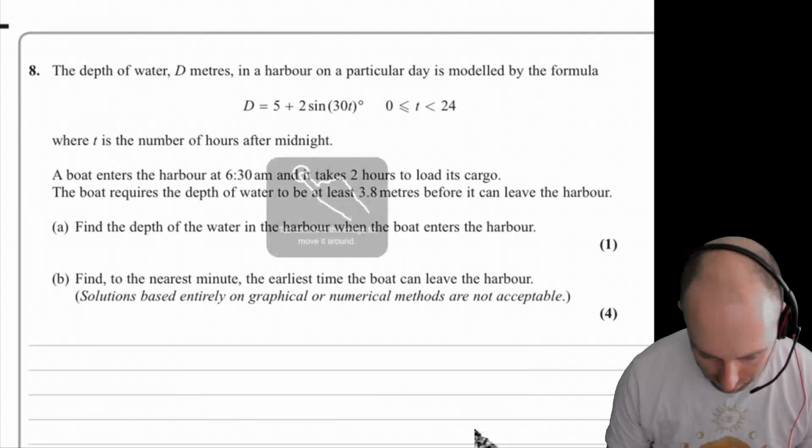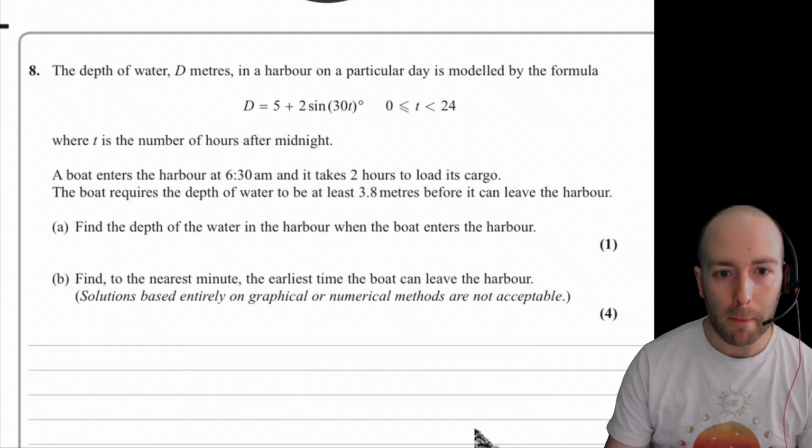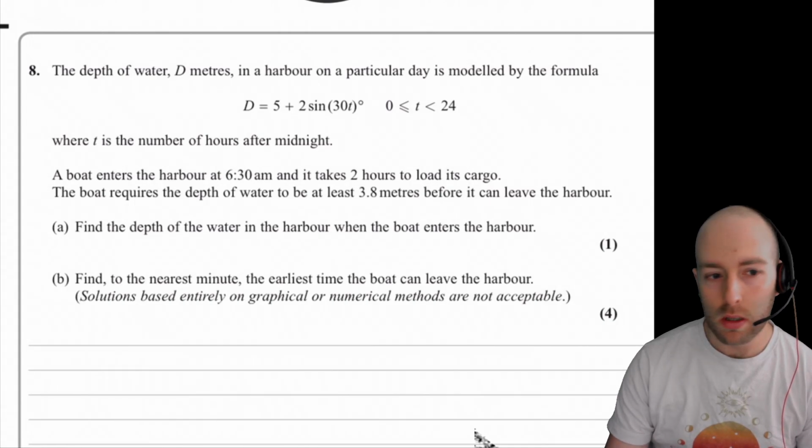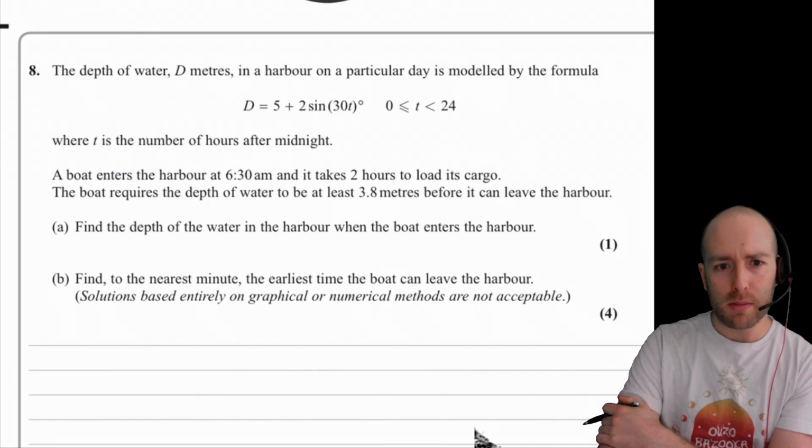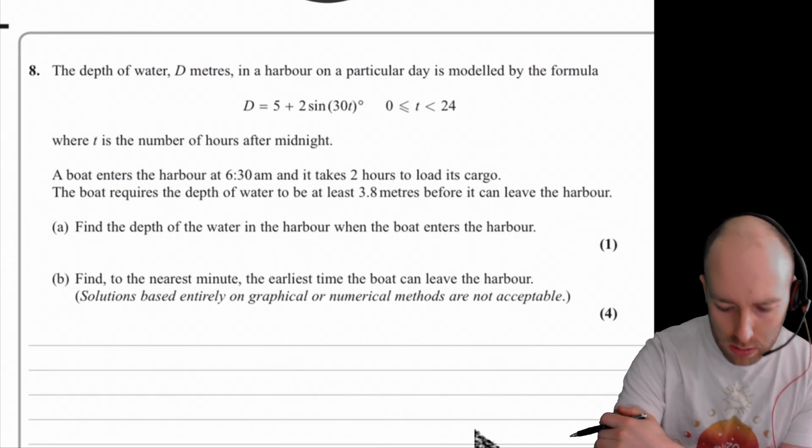There you go, cool. So 5-mark question. It shouldn't be too bad, this one. Yeah, it's just a modeling question. So it's seeing how well you can understand what's going on in this model. So 5 minutes starting now.